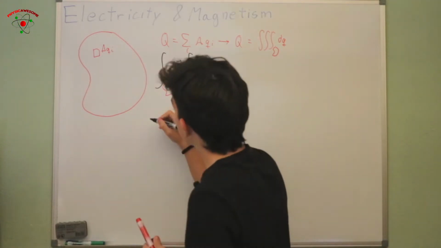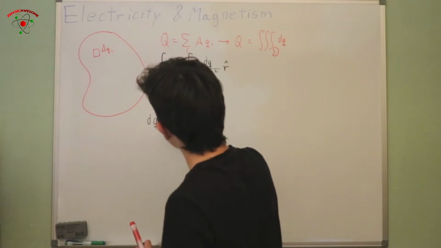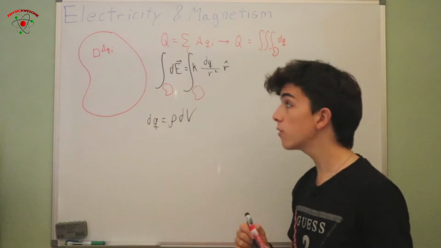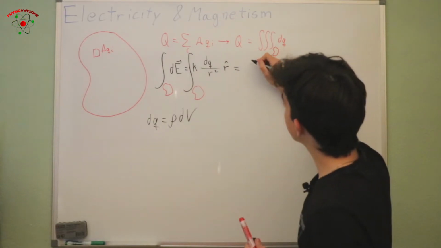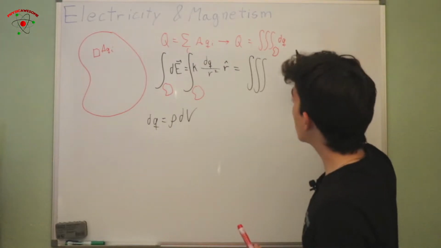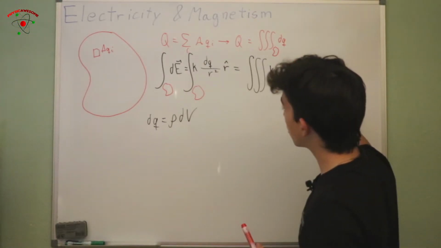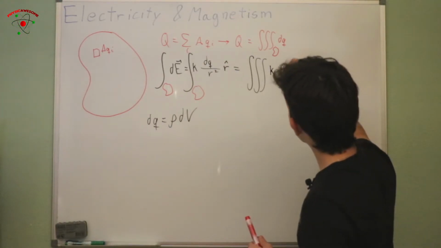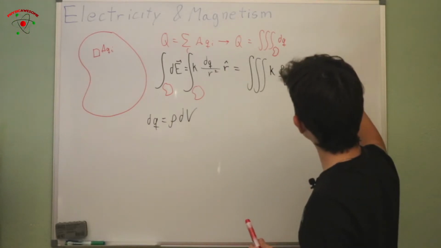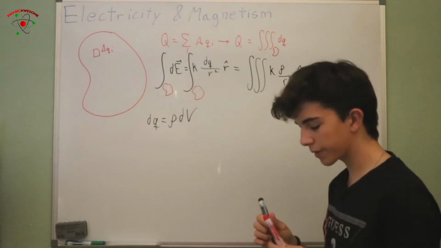Recall that dq equals rho dV. Therefore, this is equal to the triple integral over space of k rho over r squared r hat dV.